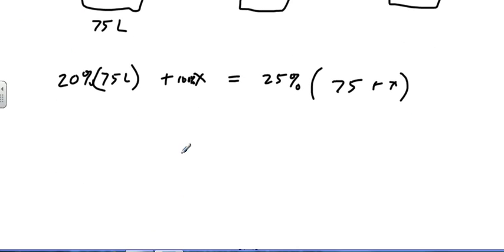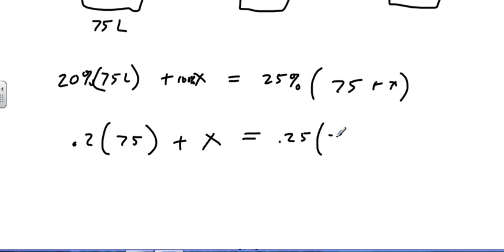So I'm going to change the percentage and call it 0.2 times 75 plus X is equal to 0.25 times 75 plus X. All right, so 0.2 times 75 is 15.